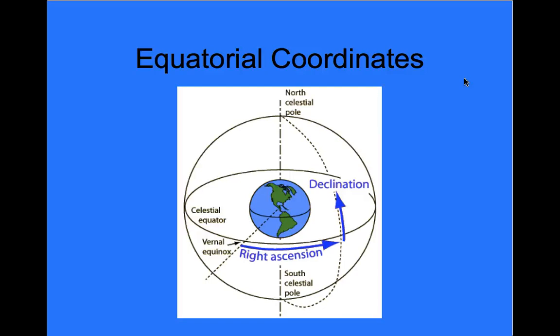Right ascension is measured from that point, and declination is measured in degrees from the equator towards the North Pole. Declination goes from negative 90 to 90, and right ascension could be measured in degrees from 0 to 360, but actually it's measured in hours, from 0 to 24 hours, where an hour is 15 degrees.